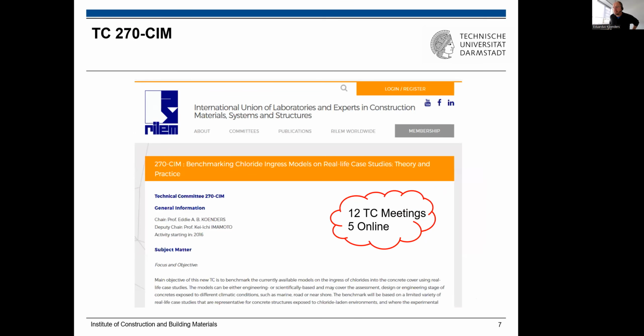So what I said in total, that's the RILEM page on the RILEM website. The TC 270 SIM is benchmarking chloride ingress models on real life case studies. That was the idea, theory and practice. I was chairing this committee, and my deputy chair was Kaiichi Momoto from the University of Tokyo, Tokyo University of Science.